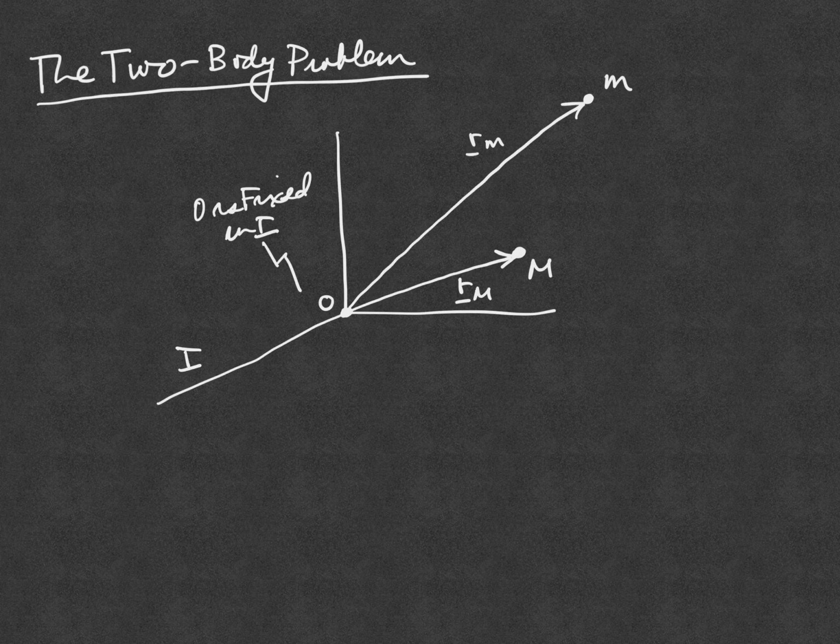And then I have the position of little m relative to big M. And this position is going to be defined as just R, which is going to make things a little bit easier. So let's write this down.